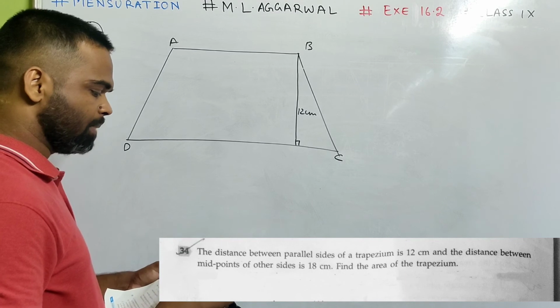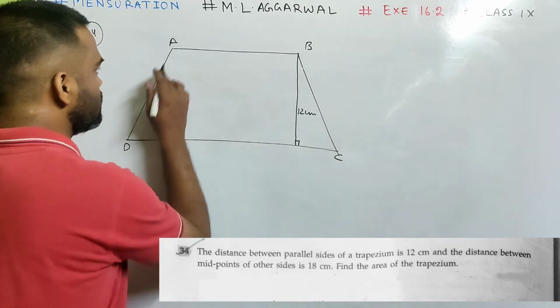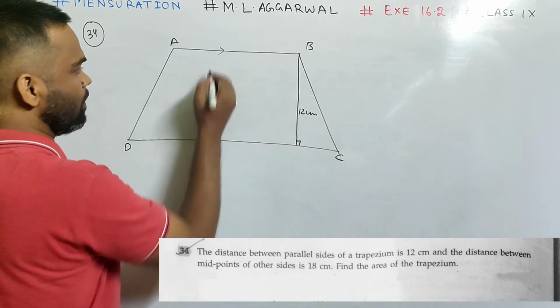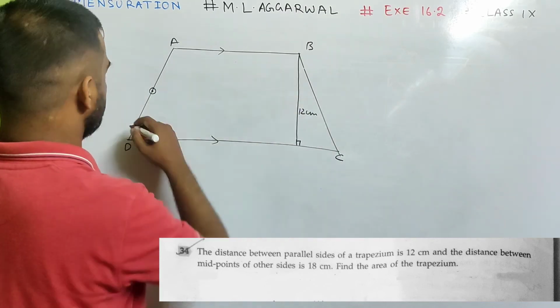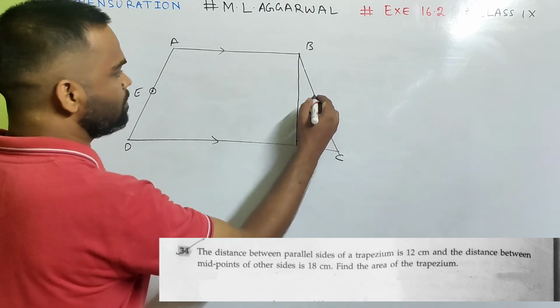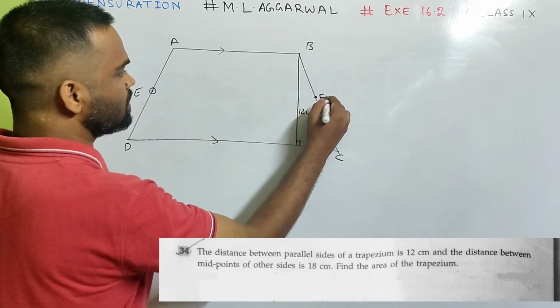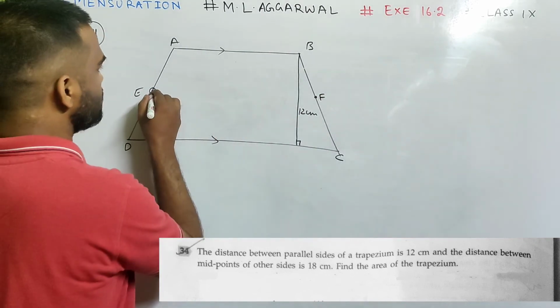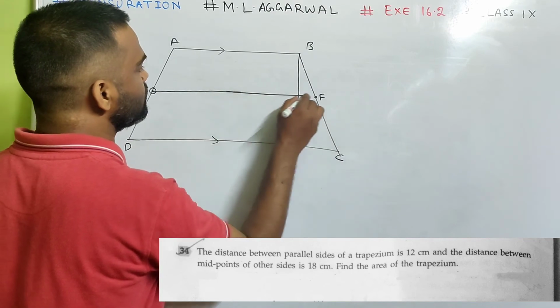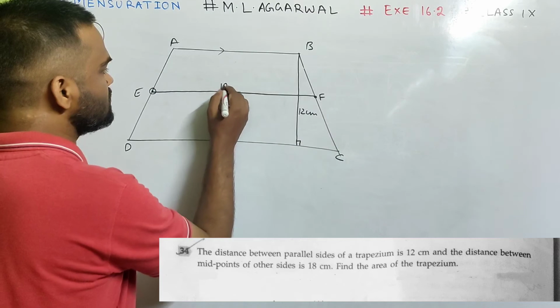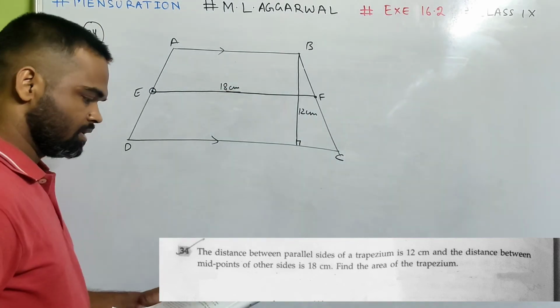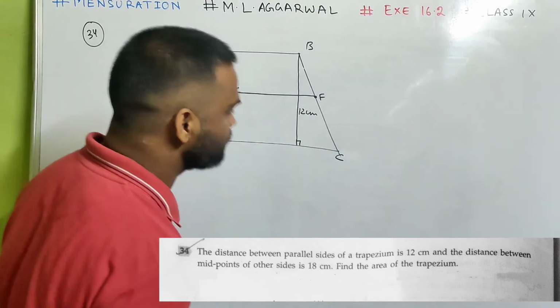And the distance between midpoints of the other sides: if AD and BC are the parallel sides, and you take the midpoint of AD as E and BC as F, then when you join them, this distance is given as 18 centimeter.